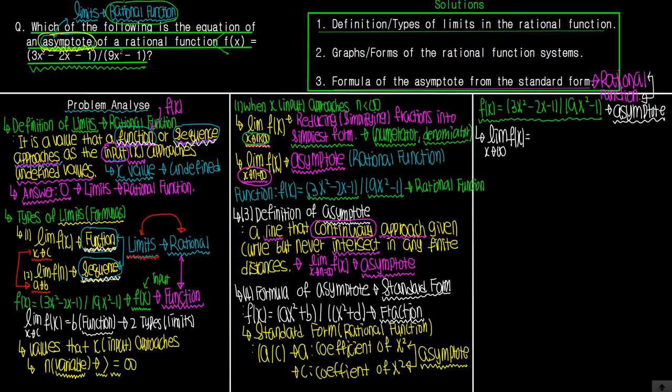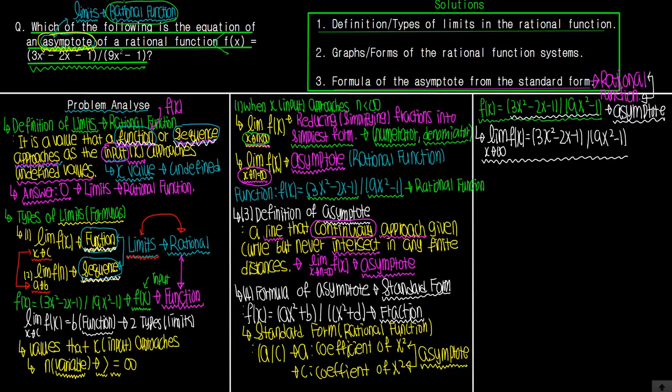Well, the f of x was our original function, which is 3x squared minus 2x minus 1 divided by 9x squared minus 1. So this was a conversion between the original function to the limit of our rational function.